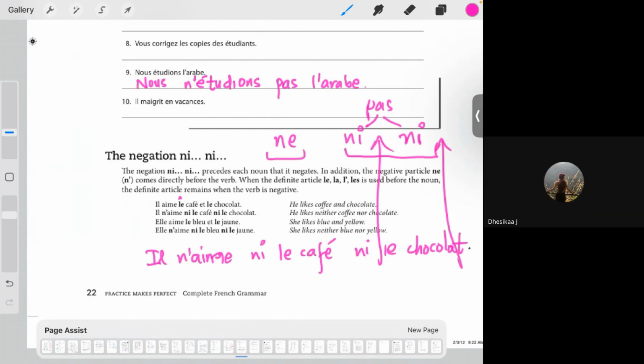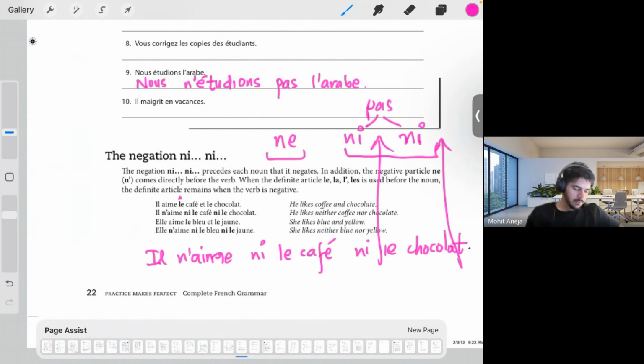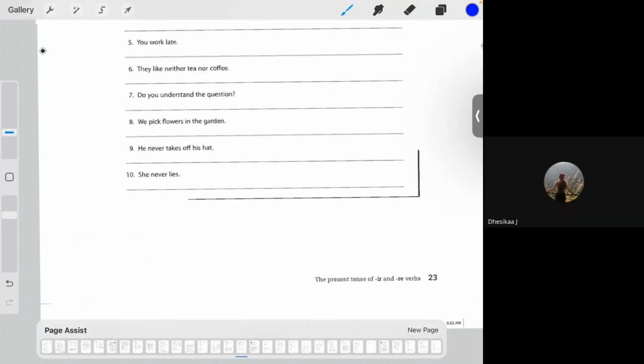Then again, elle aime le bleu et le jaune. Elle n'aime ni le bleu ni le jaune. You see, we don't use the pas at all. Pas is not used, but we use ni and ni instead. Does it make sense? Yeah, it does.